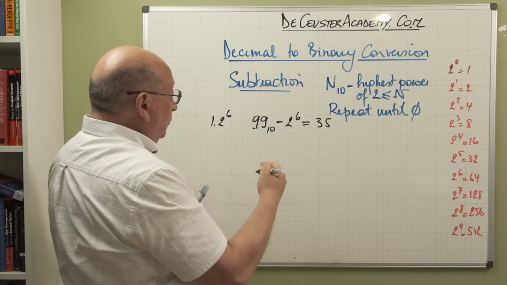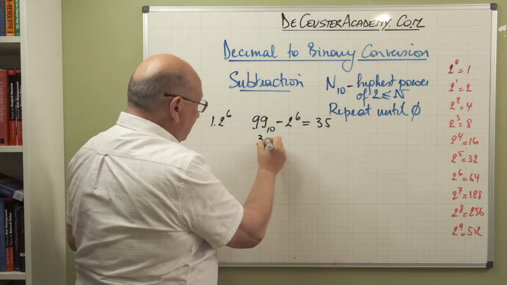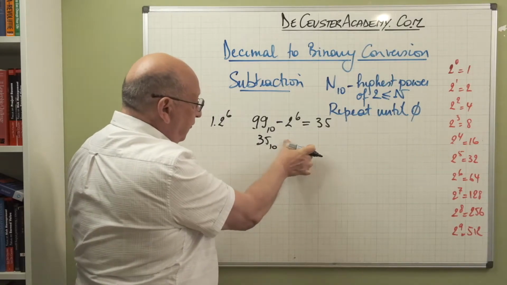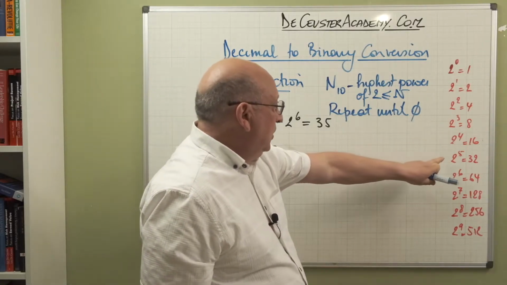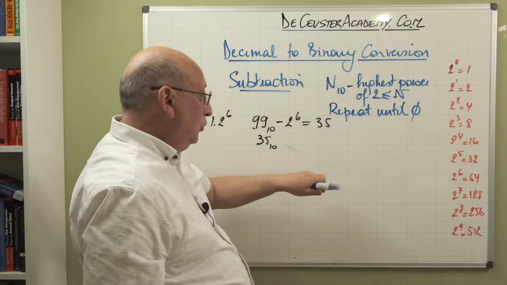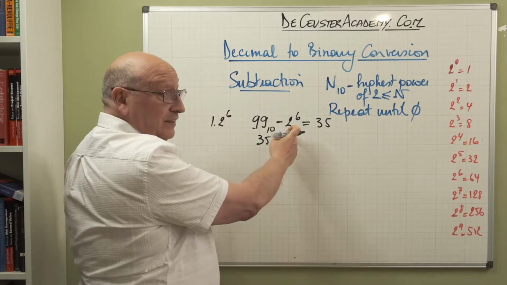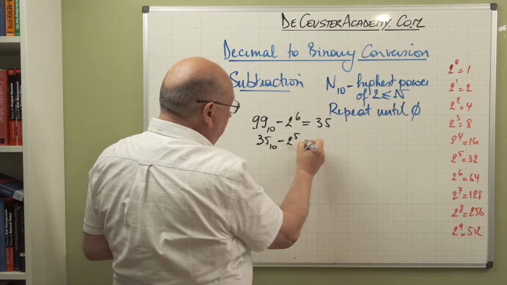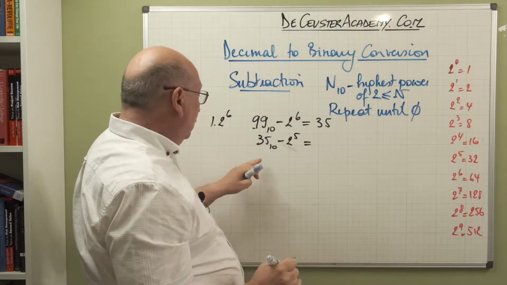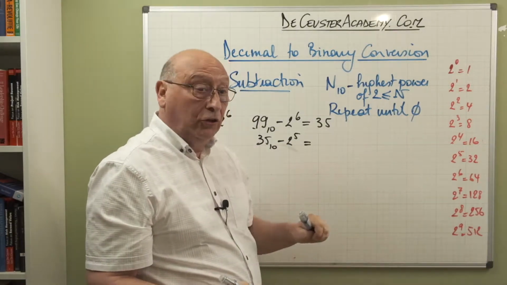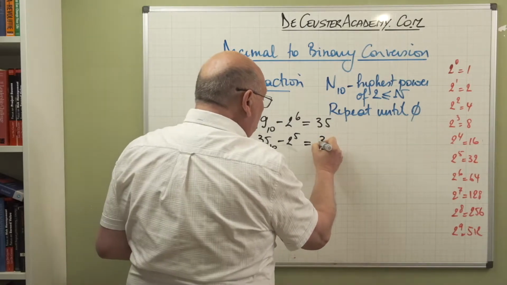The next thing we do, we go to 35, still base 10, and find the closest power. 2 to the power 5 is 32, so we subtract 2 to the power 5: 35 minus 32 is equal to 3.